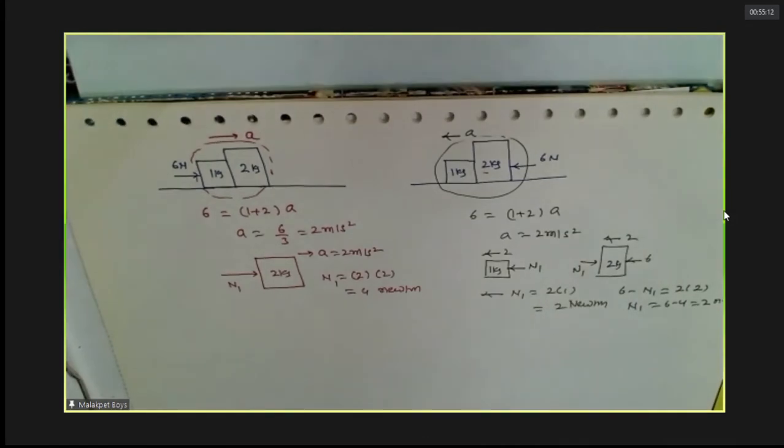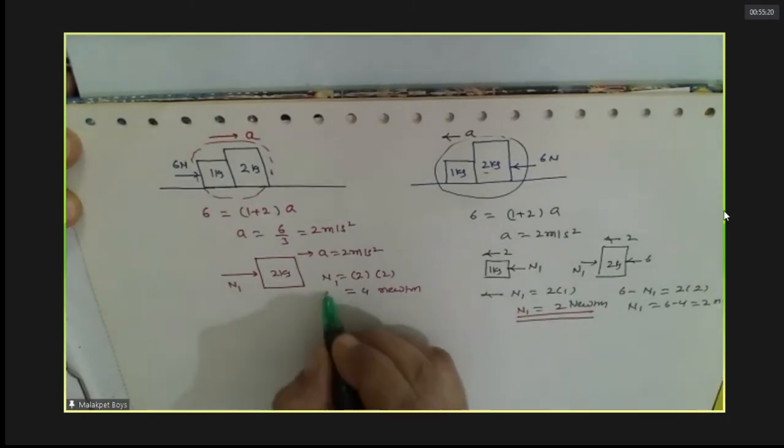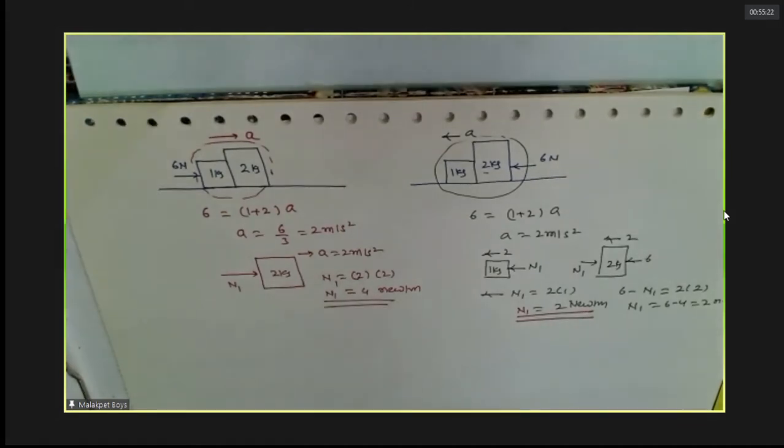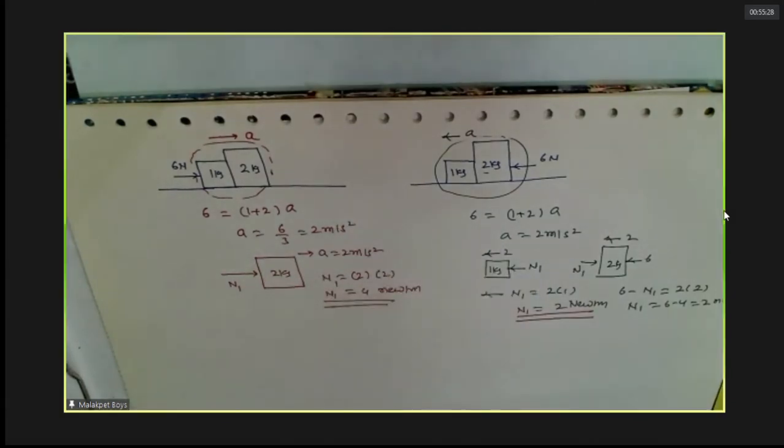Now you can observe that carefully. These are not same. This is 2 newtons and this is 4 newtons. Are they same? No, sir. Remember that N1 is not equal to this.